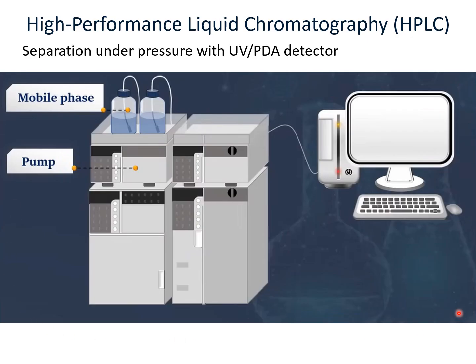It has the separating system consisting of mobile phase, which can be 2 or more liquid samples that can be used and mixed at various ratios to provide separations of the analyte.